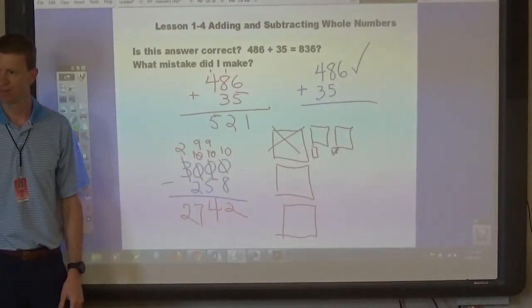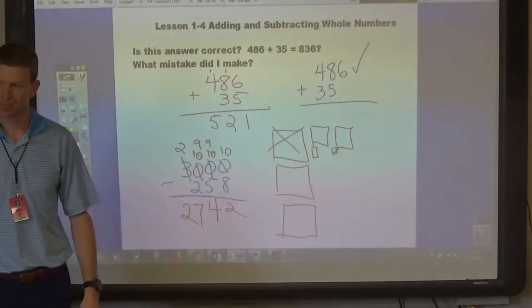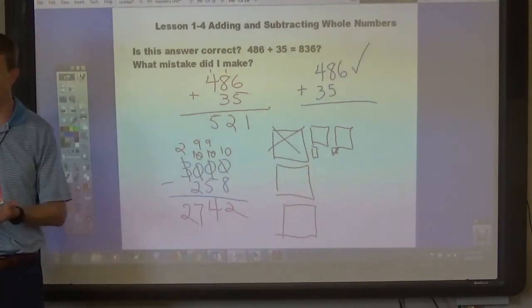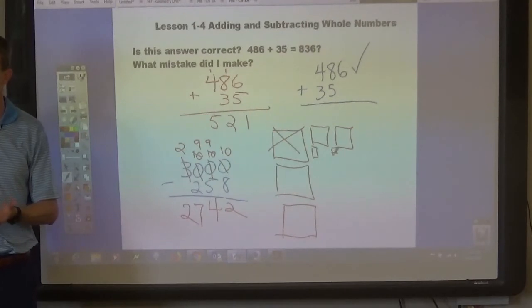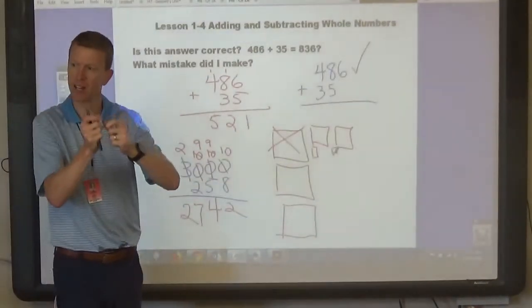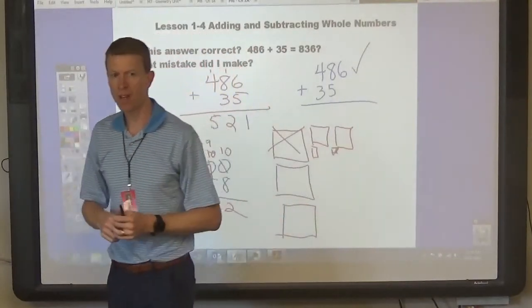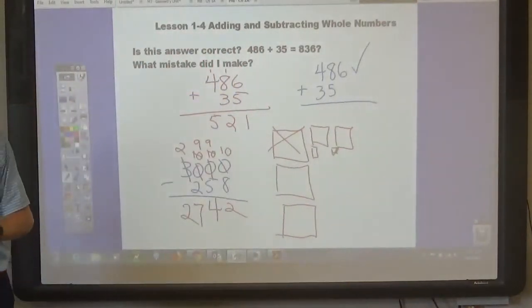Can you imagine that? Can you visualize that? Starting with a big piece, that's 1,000. Cut that up into 10 pieces of hundreds. Then take one of those, cut it up into tens, and then take one of those and cut it up into ones. And then we can subtract. Then we can take away what we need to.